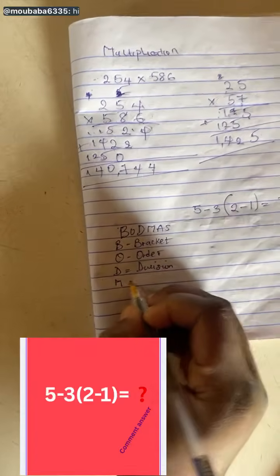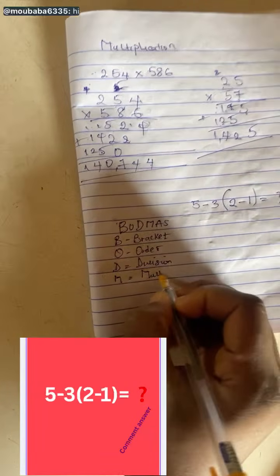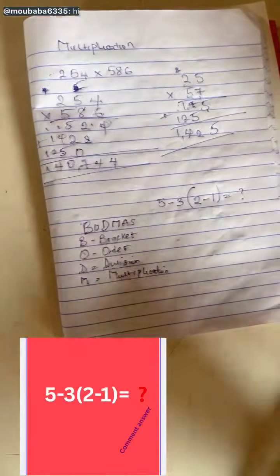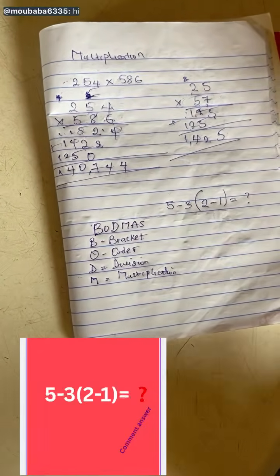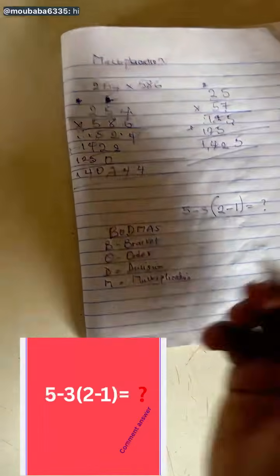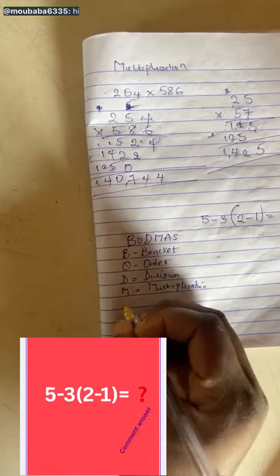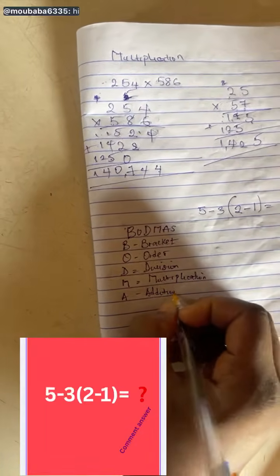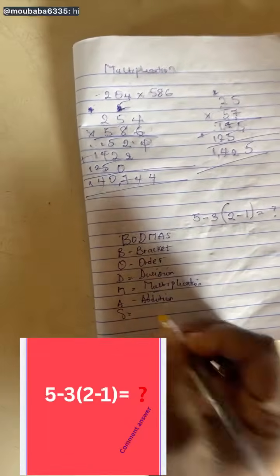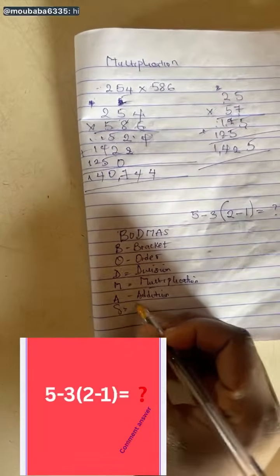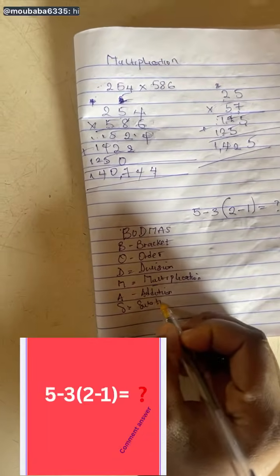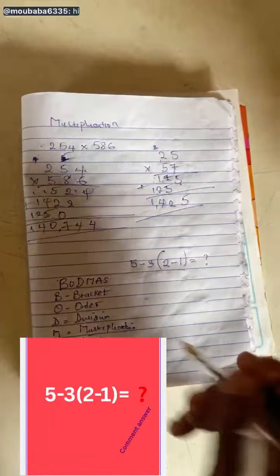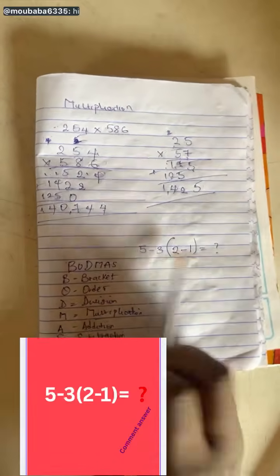M is multiplication. Then A is addition, and S is what? Subtraction. Now we're going to do what comes first.